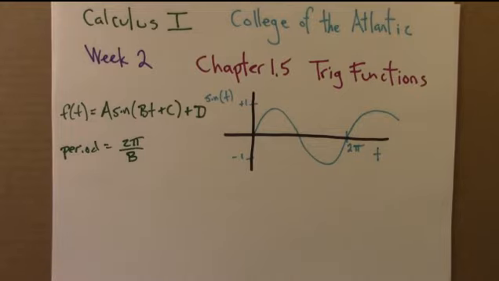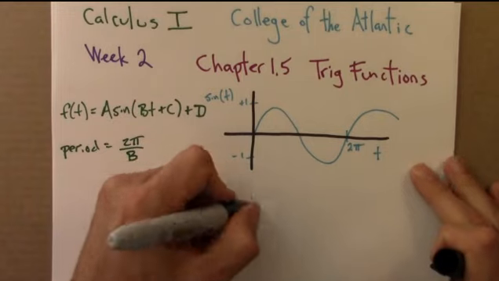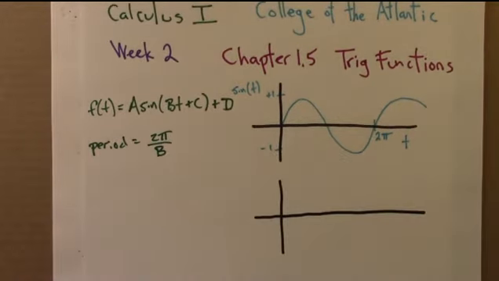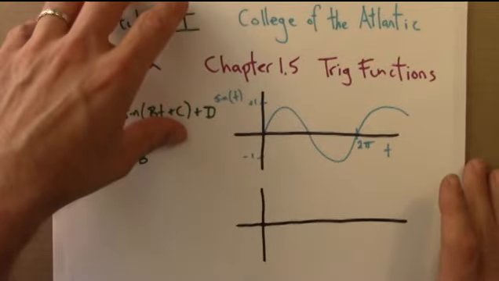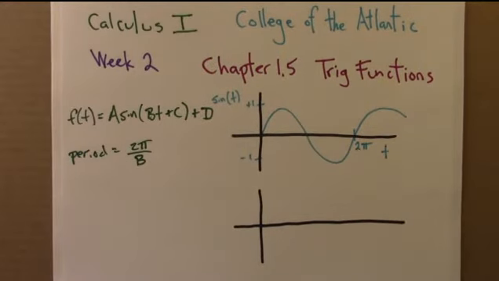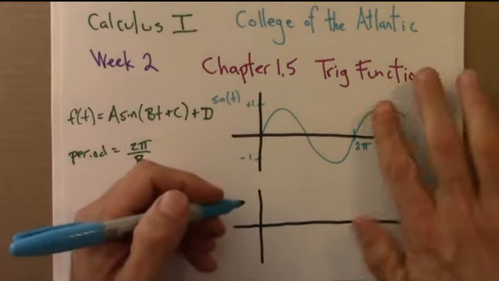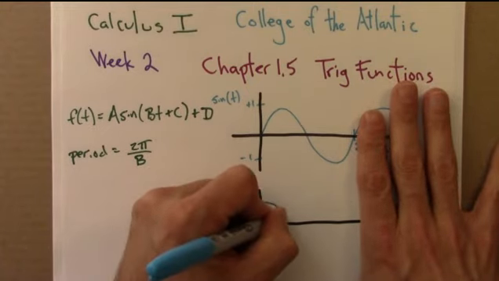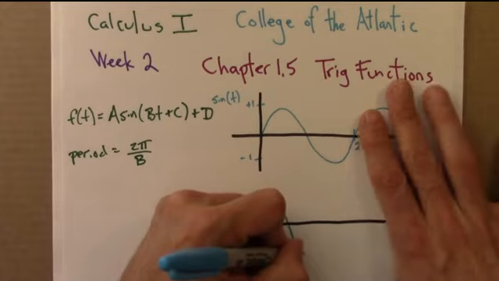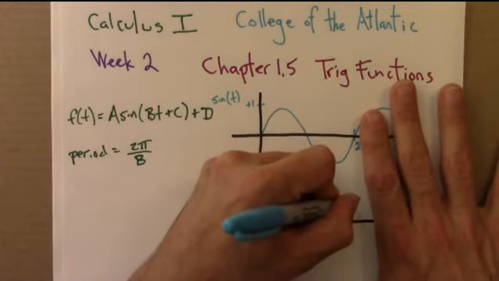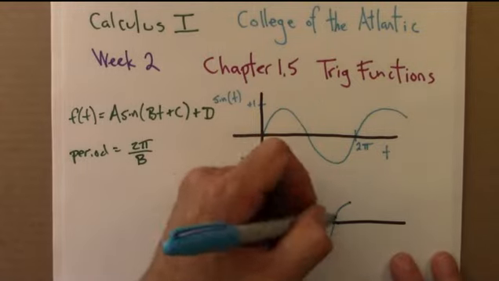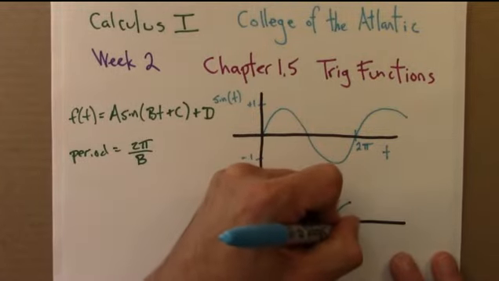So before I do an example, I should also sketch cosine, some axes. Cosine starts at 1. Goes down to -1, and then comes up to 1. And so that would be 2 pi.